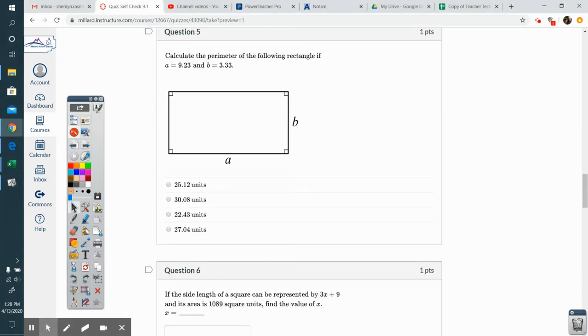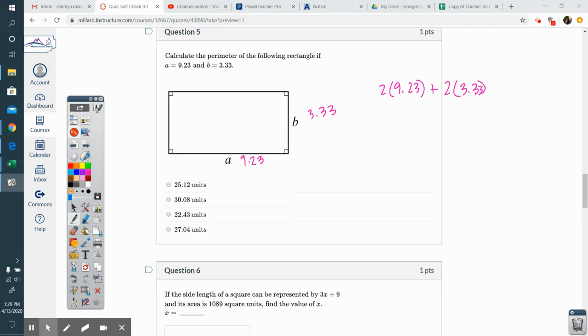We want to calculate the perimeter if A is 9.23 and B is 3.33. I like to make it easier, so I know there's two lengths, and I know that there's two widths. So I just multiply that out, 2 times 9.23 plus 2 times 3.33.